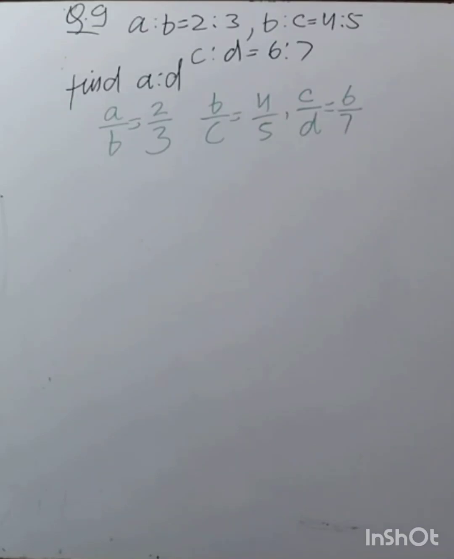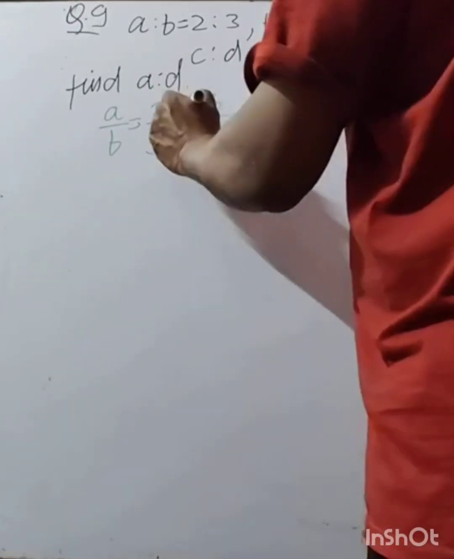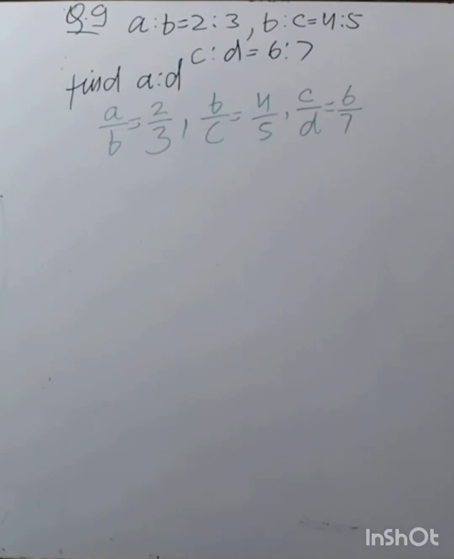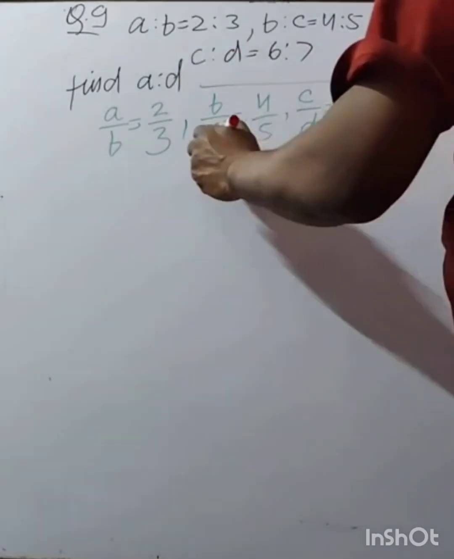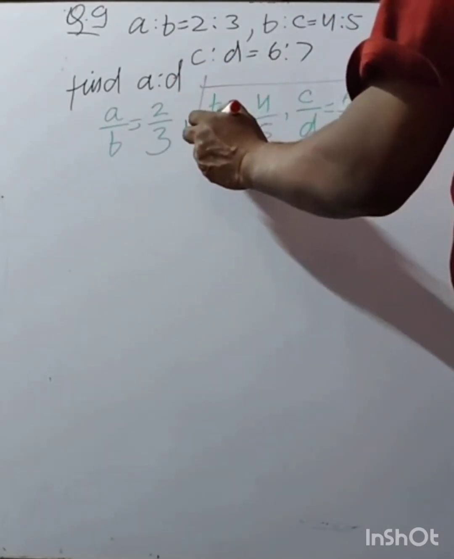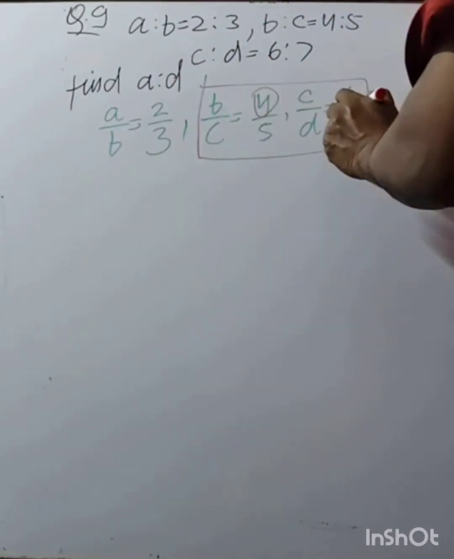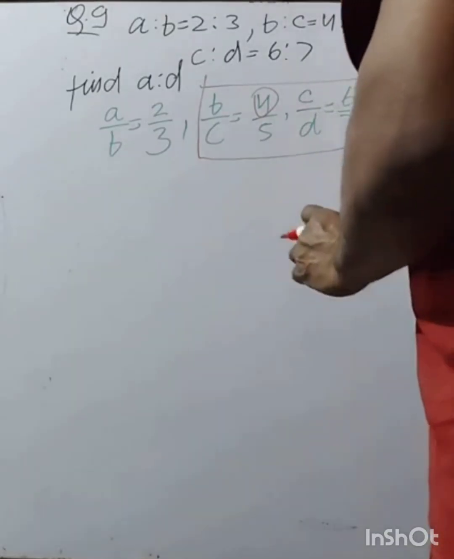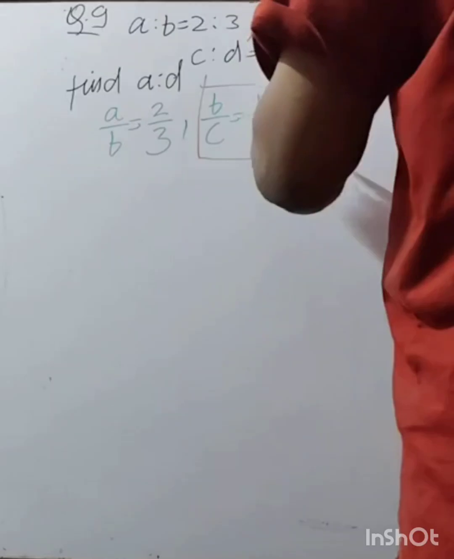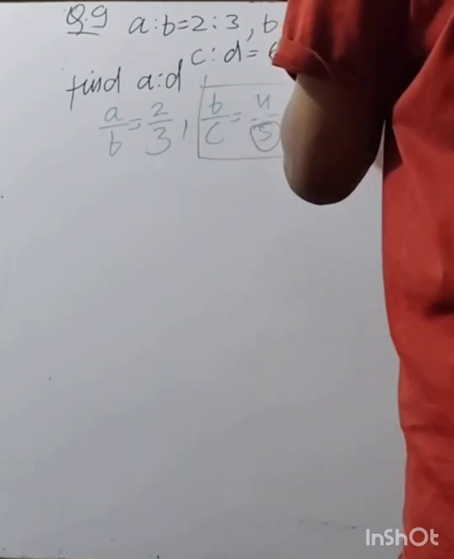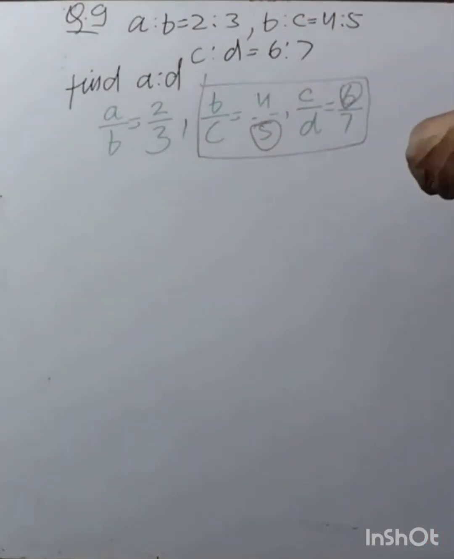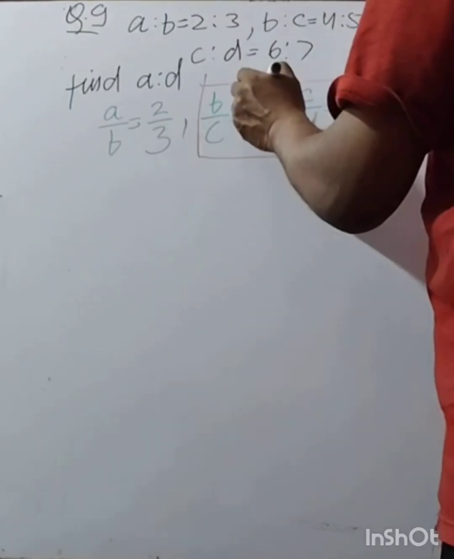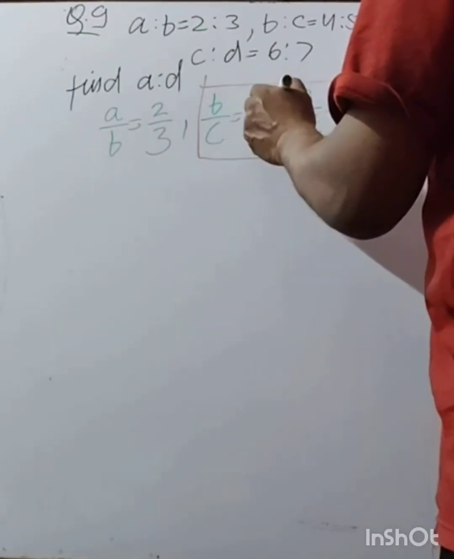Now, in continued proportion, this C must be equal to this C, right?